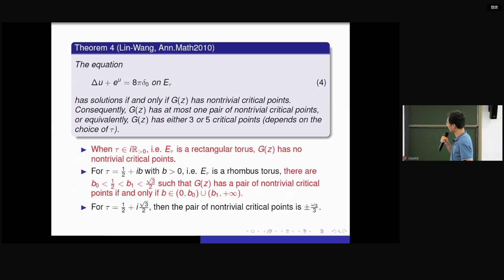Then there exist B0 and B1 such that when the imaginary part of tau B is smaller than B0 or bigger than B1, then the Green function has a pair of non-trivial critical points. This is if and only if. For example, for this special case, they know the non-trivial critical points are these two points. So in conclusion, whether this equation has a solution or not depends on the choice of the torus.